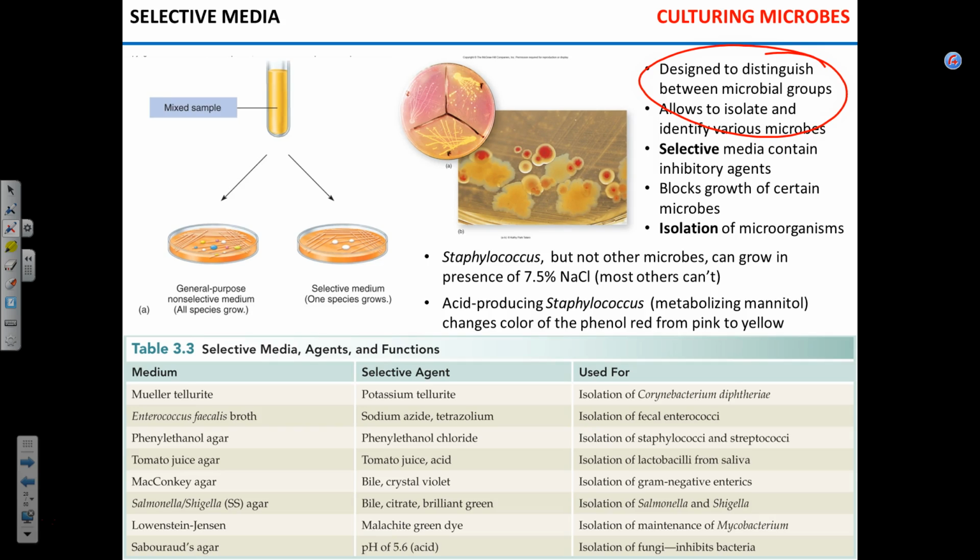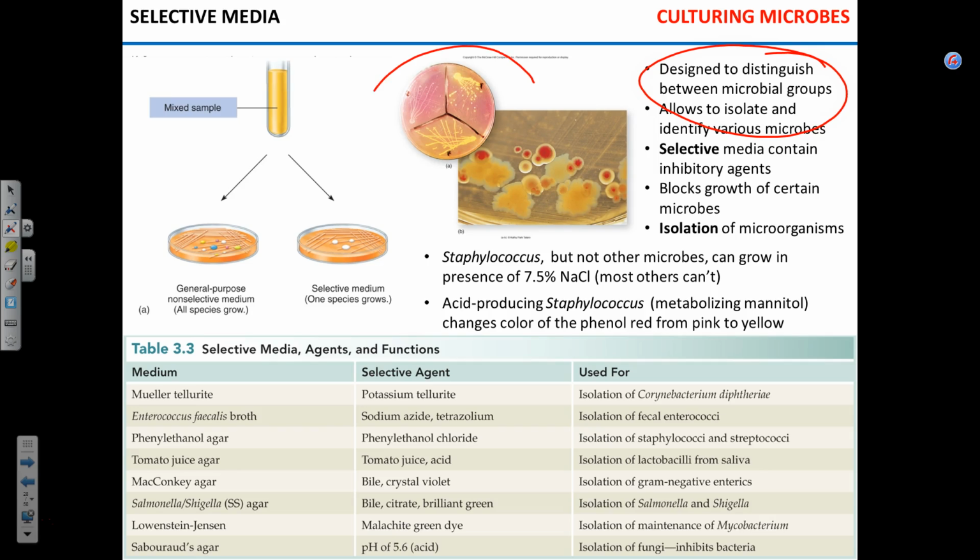Does that make sense? The whole idea, right? Like you don't see Saints fans sitting in the Atlanta Falcons sector, ever. So some sort of inhibition. It can be chemicals, it can be concentration of salt, it can be pH or something else.